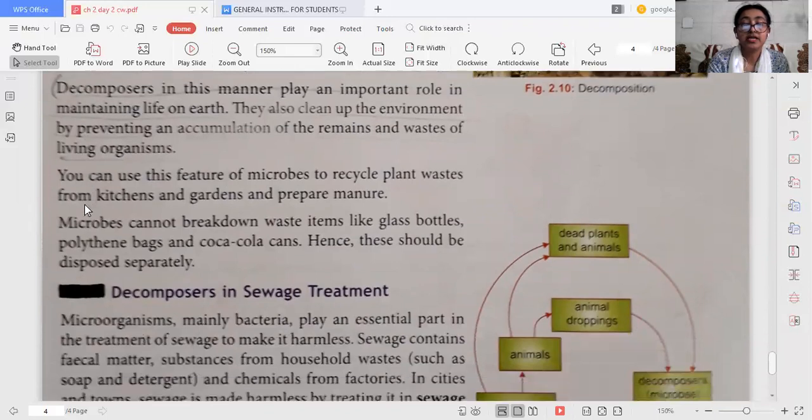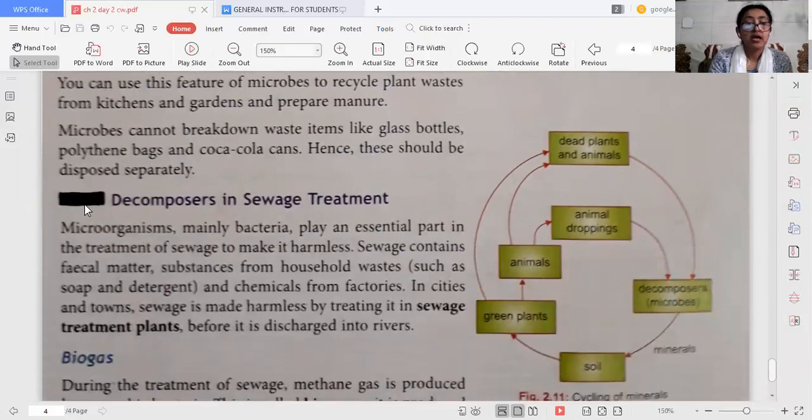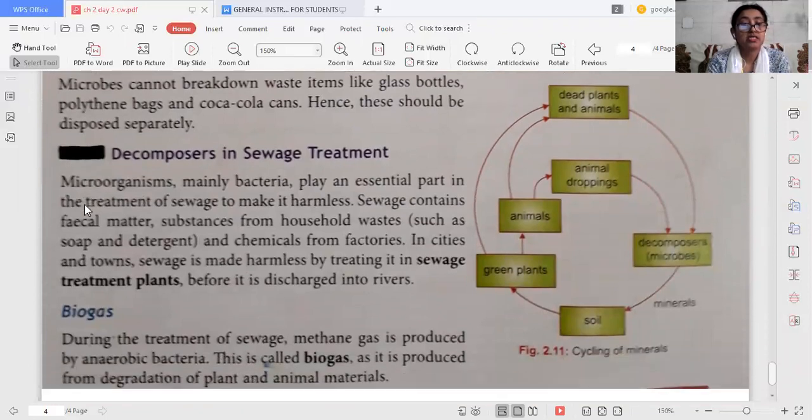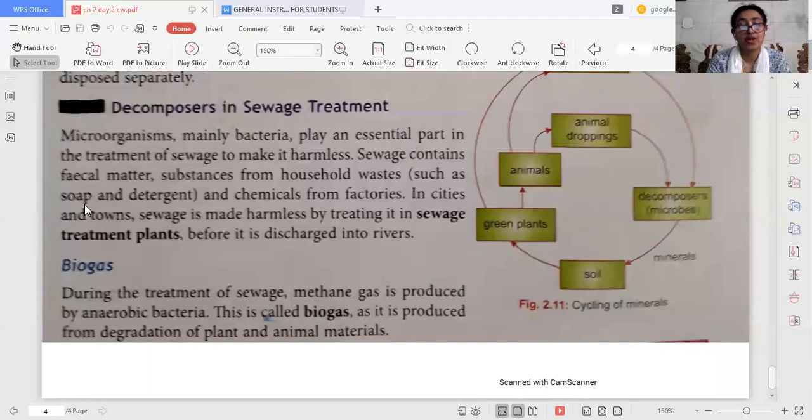And decomposers also help in sewage treatment. In the sewage treatment plants, because we all know the sewage contains fecal matter and household waste, which again is decomposed by the decomposers. And one more very important thing, during the treatment of sewage, methane gas is produced by anaerobic bacteria.